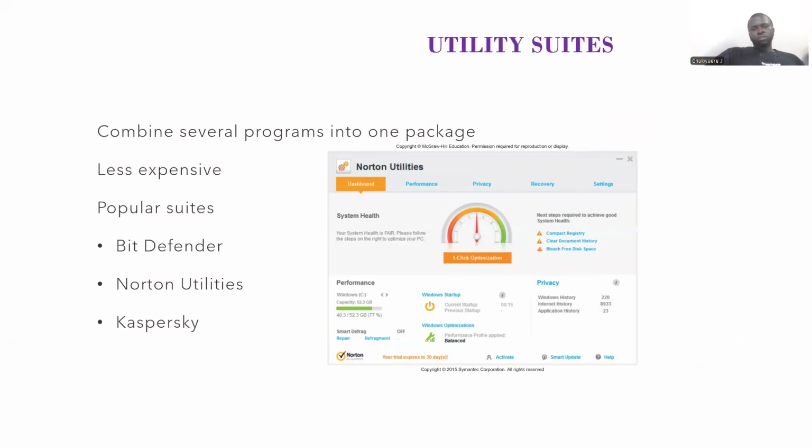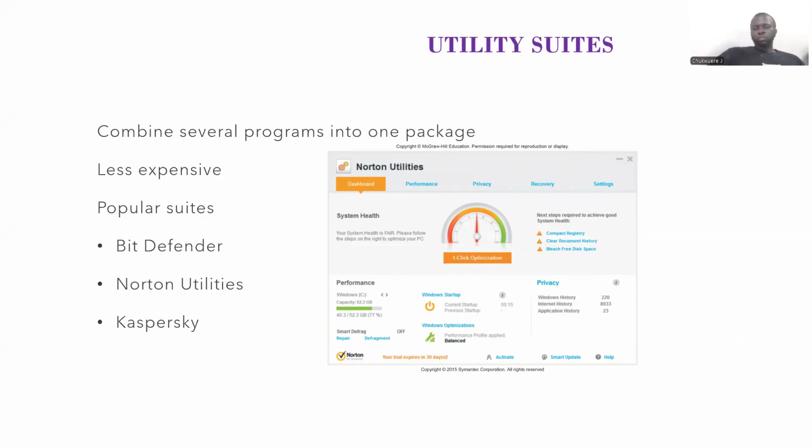So we have also utility suites. These combine several programs into one package, like the way you have Microsoft Office in terms of your application software, which is a combination of different applications.